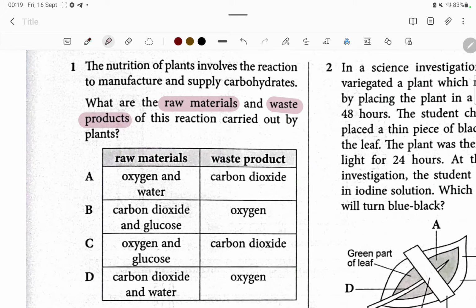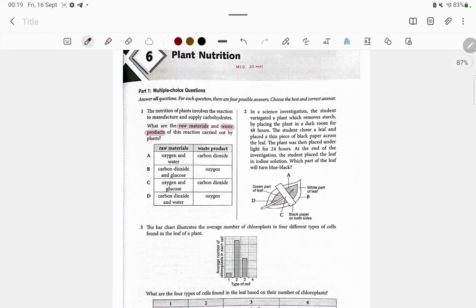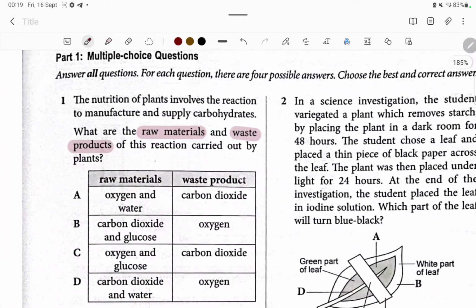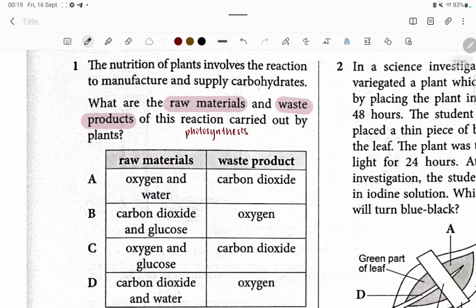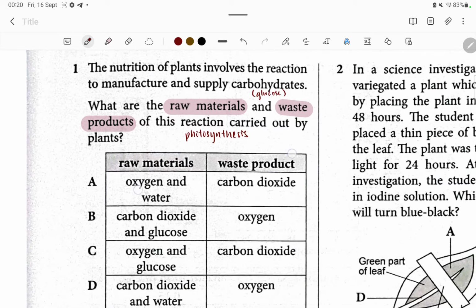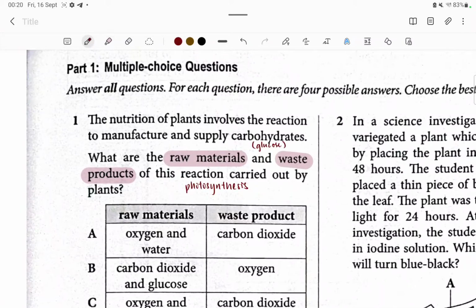For this reaction, what reaction is this? Photosynthesis. They say supply carbohydrates, this one should be glucose. So you can look back to the word equation or chemical equation of photosynthesis.